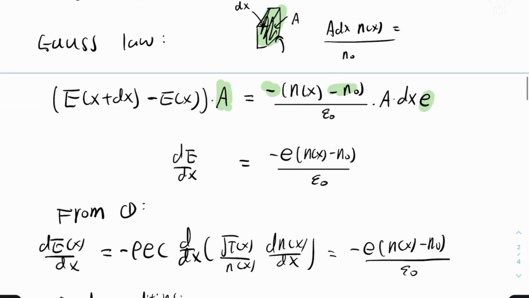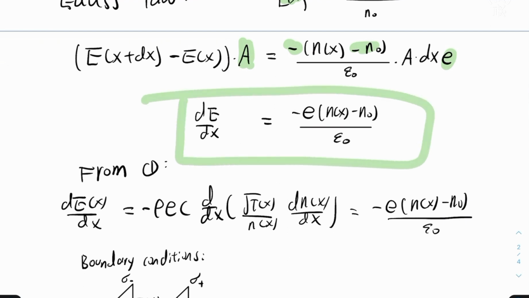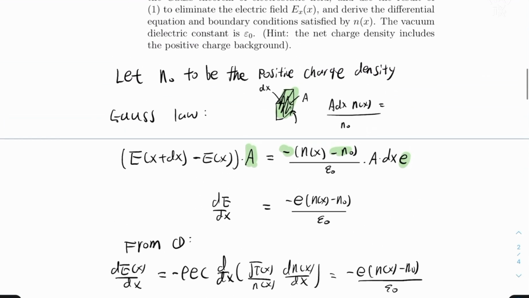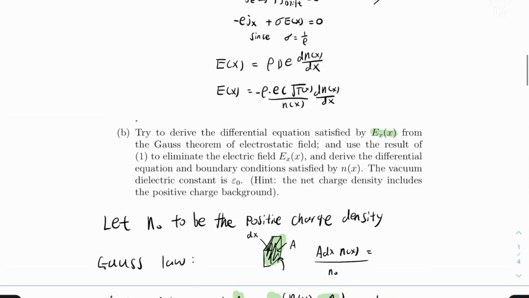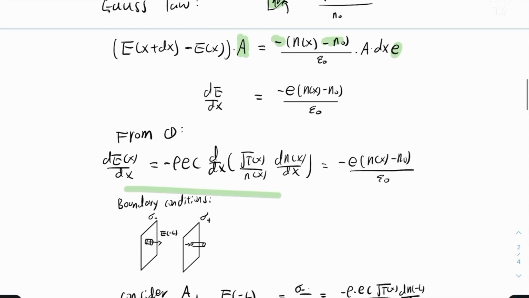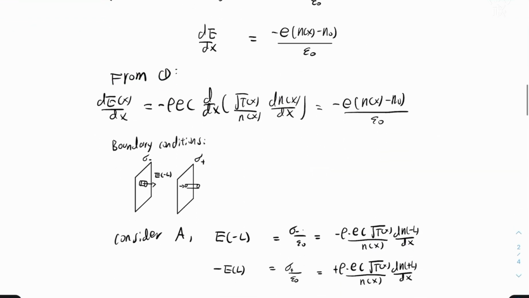And if you reorganize the equation, you will actually get dE/dx is equal to this term. And now from 1, we actually know the formula for Ex, which is equal to this term, right? And then we just need to plug into the equation over here, and we will get this ginormous equation. And that is basically how we solve question B.